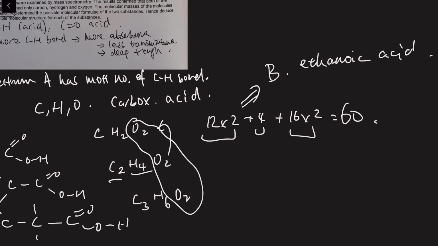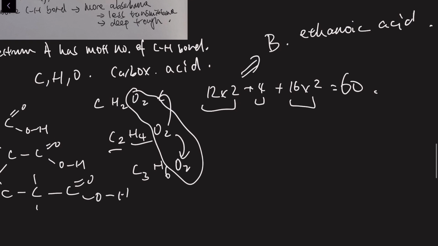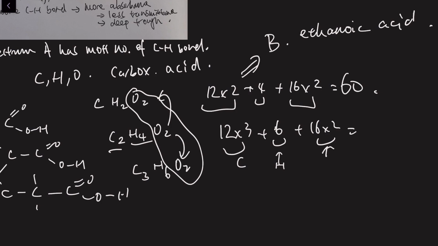So let's choose the next one, which is propanoic acid. 12 times 3, this is for carbon, plus 6 for hydrogen, plus 16 times 2 for oxygen. If you do the calculation, you get 74. So for picture A, it is propanoic acid.